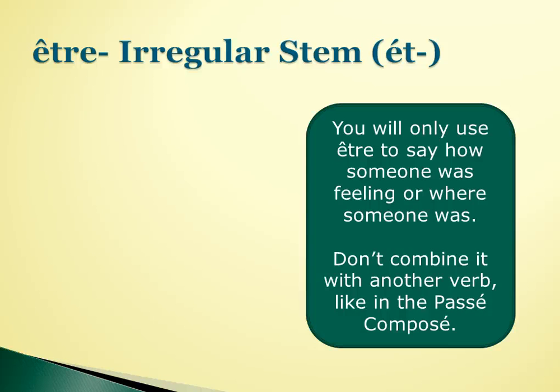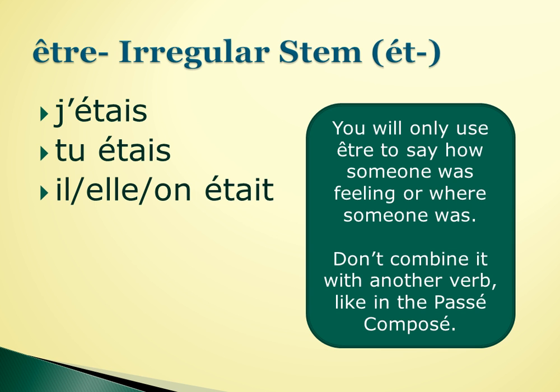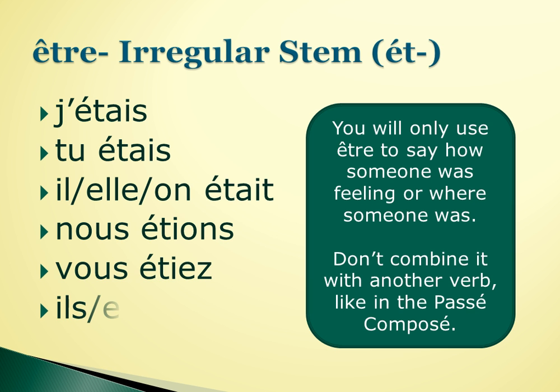So we're not going to say, like with je suis allé, that would be passé composé. That's not what we're doing here. This is a simple tense, meaning that you're not going to use that helping verb. And your stem is the E with accent aigu and then T. So j'étais, tu étais, il était, nous étions, vous étiez, ils étaient.